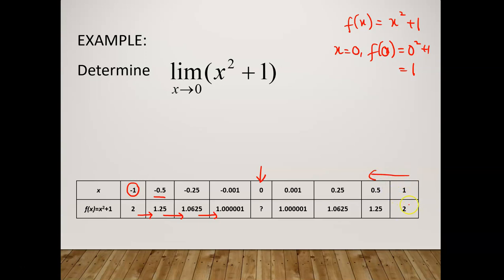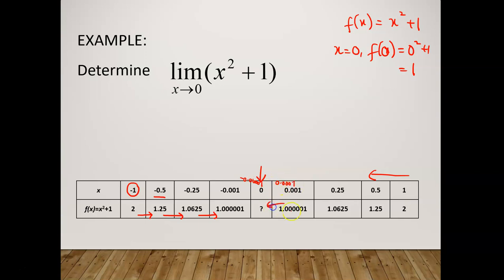Same goes when you come from the right side. When x equals 1, you get 2. When x equals 0.5, same thing, 1.25. And when you substitute x equals 0.01, you get 1.0001. What if you substitute negative 0.00001 or positive 0.00001?